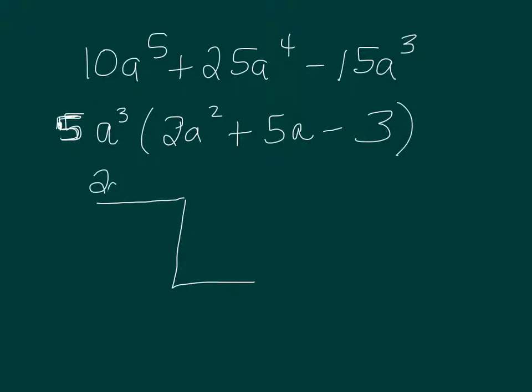So 2a squared and negative 3 on top and 5a on the bottom. So 2a squared, I can break that up into 2a and a basically. And negative 3 I can break up into negative 3 and 1. 2a times negative 3 is negative 6a, and a times 1 is 1a.